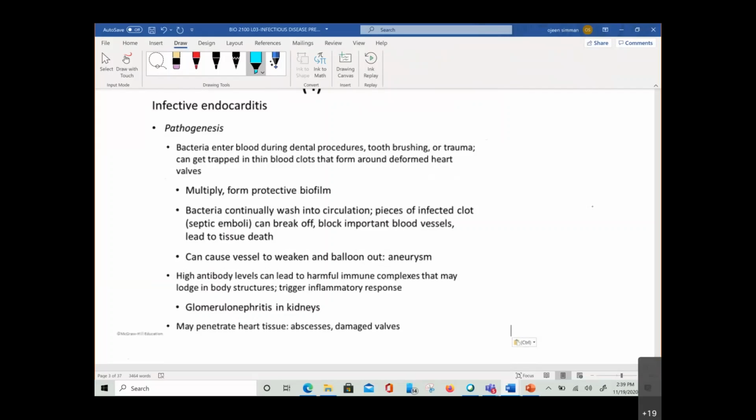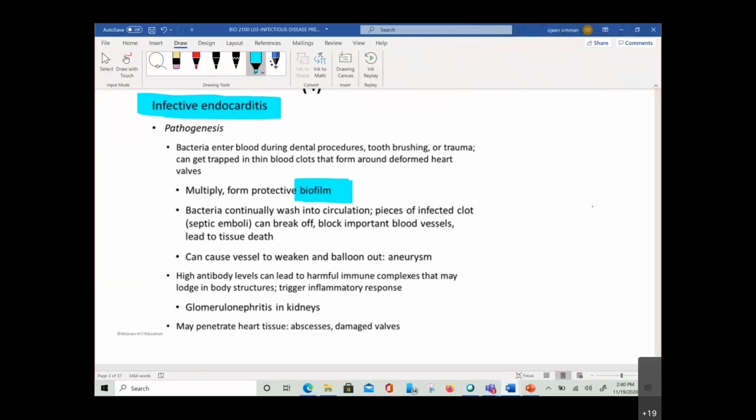Okay. So in infective endocarditis, what's dangerous about it is that once it forms a biofilm on the prosthetic valve, it can actually separate or break off from that biofilm, and it can embolize to go to distant tissues. It travels through the circulation and causes a clot.